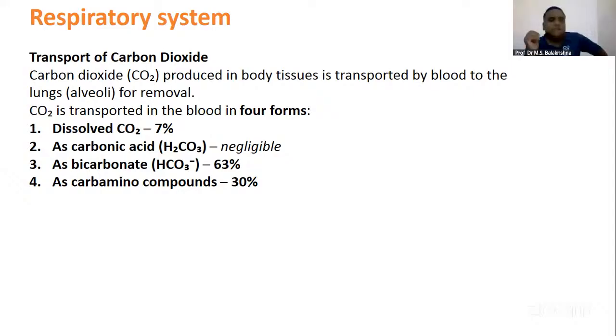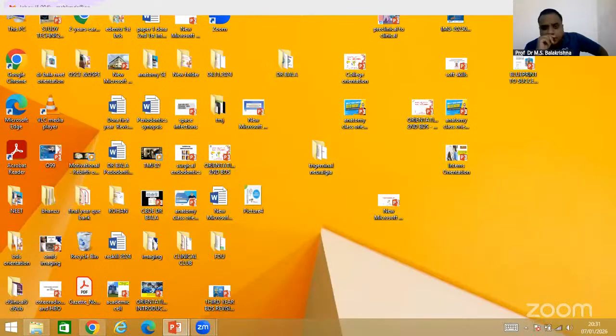And then carbamino compound, 30%. So these are the four forms in which carbon dioxide is transported.